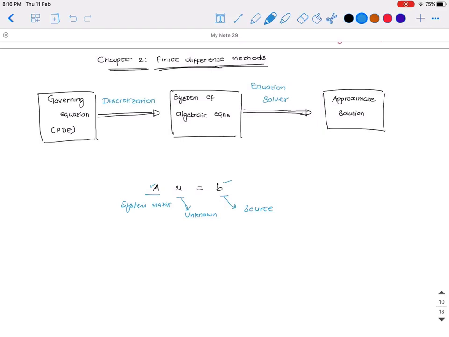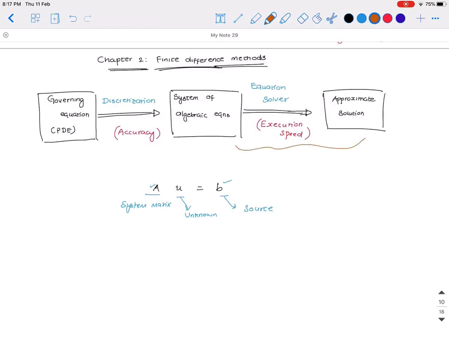Recall that the accuracy of the solution process is predominantly dictated by the discretization process, but the execution speed of your simulation is dictated mainly by the equation solver part. How do we solve the system of linear algebraic equations to obtain the solution?